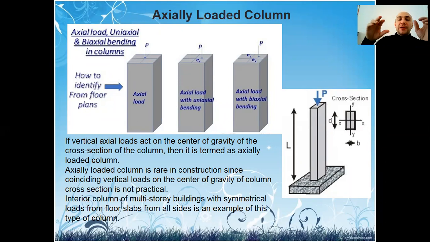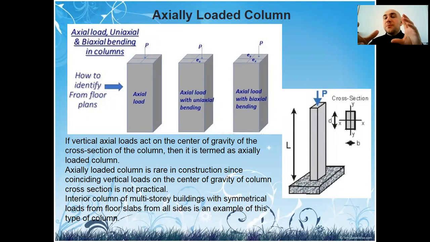Eccentricity will produce some moment in the building when the load is not acting on the longitudinal axis. Uniaxial bending means bending acting only on one axis, and biaxial bending means moment acting on two axes of the column.